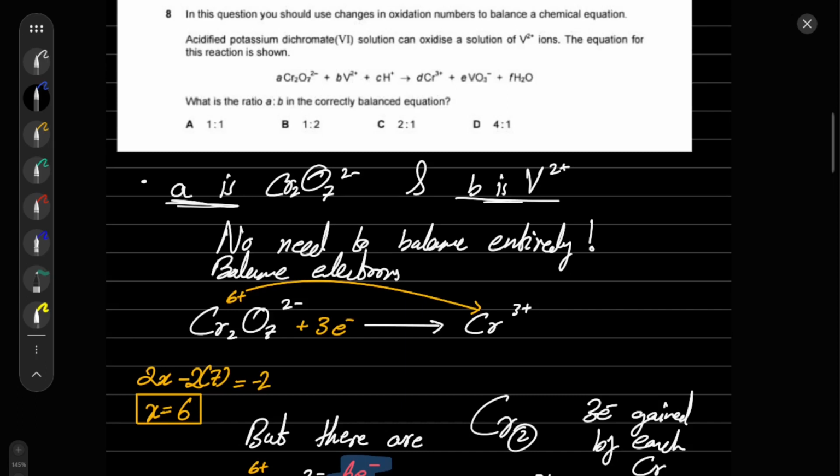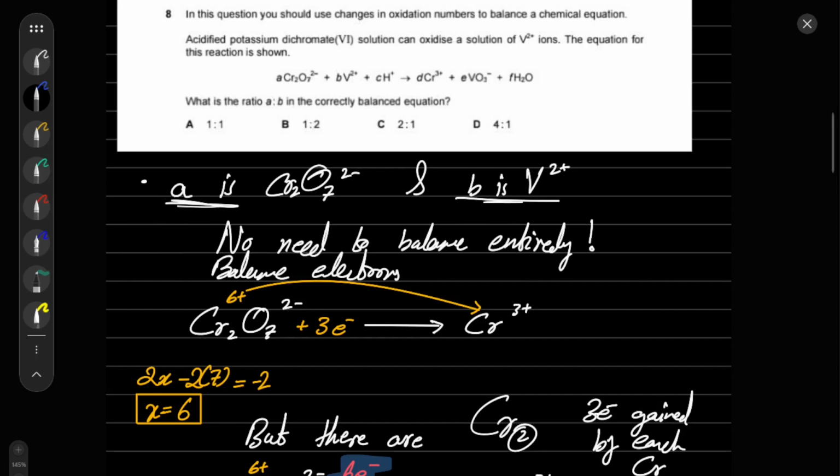The very first equation is going to be A being the number of moles for Cr2O7, and B being the number of moles of V2+. Again, this is for the balanced equation. In this scenario, because it is an MCQ, it is not necessary for you to balance the entire equation immediately.